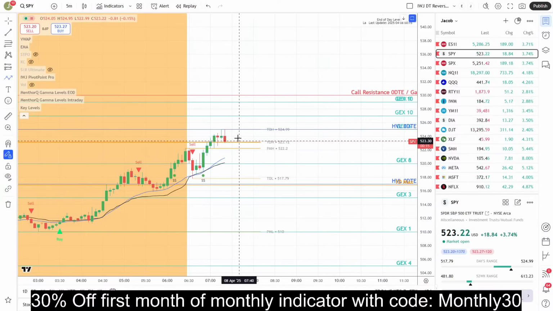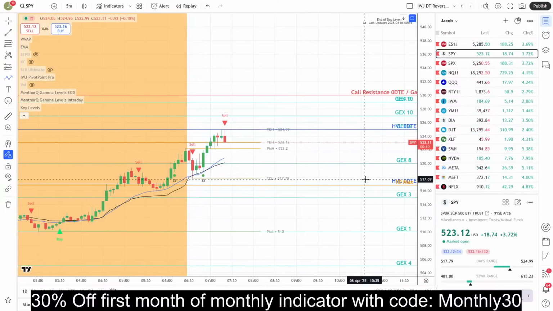So we rejected off of that high volume level exactly. Got our sell signal, and now we'll see if we can push down here and make a winner.